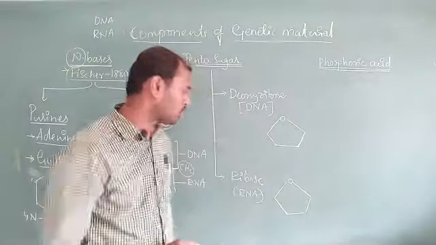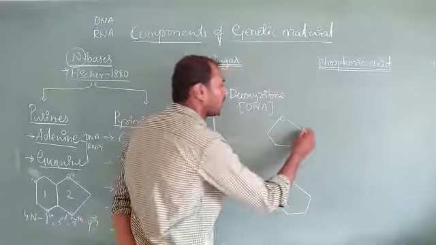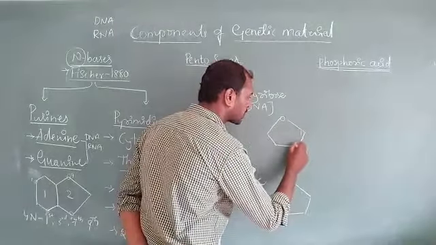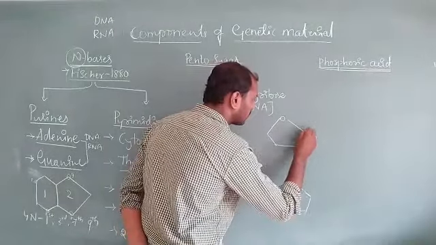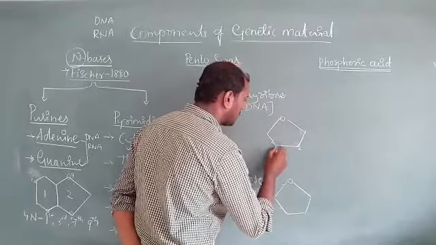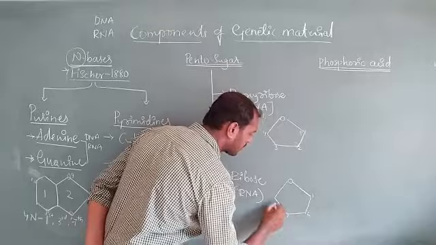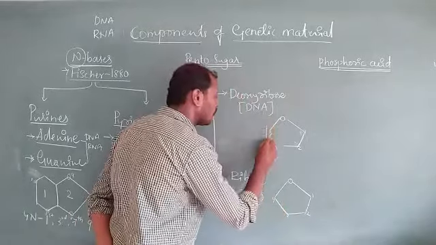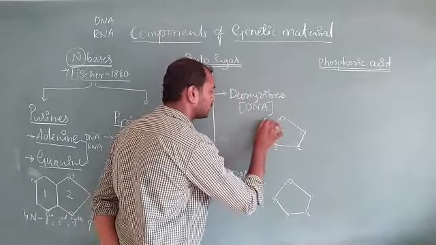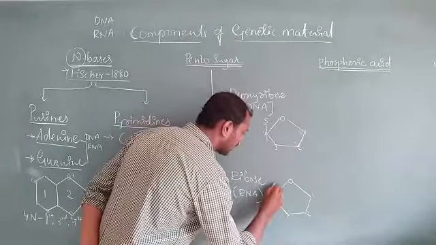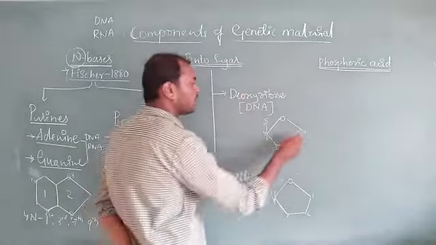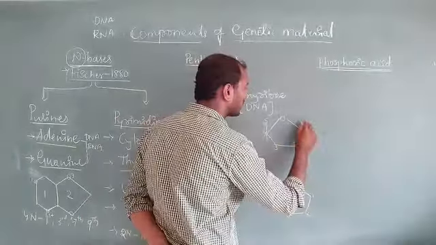The difference is, here also it is the same: carbon 1, carbon 2, carbon 3, carbon 4, carbon 1, carbon 2, carbon 3, carbon 4. One more carbon is present outside the ring. Here we are going to get H, OH.